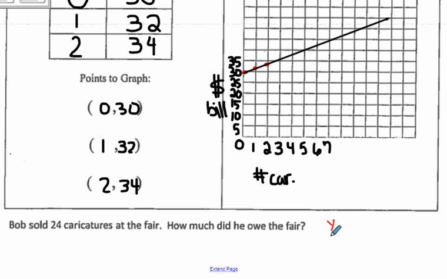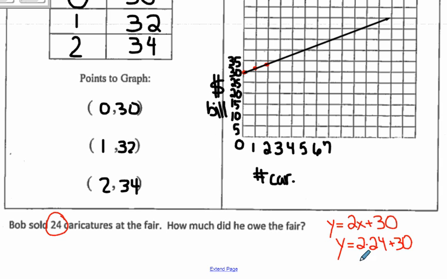And we'll jot that down, y equals 2x plus 30. Since x is the number of caricatures that he made, and we know that in this case is 24, I'm going to plug in 24 for x. So y equals 2 times 24 plus 30.